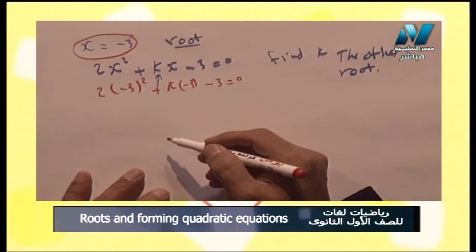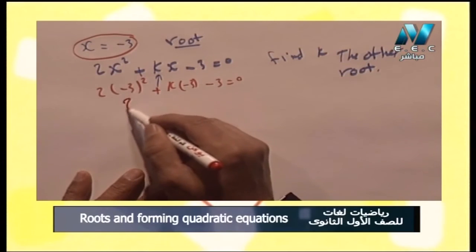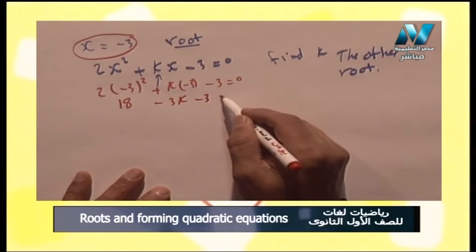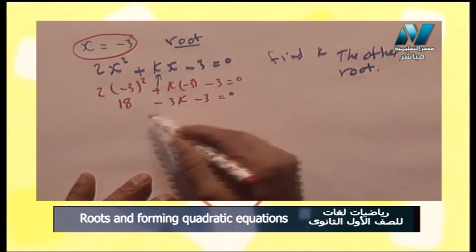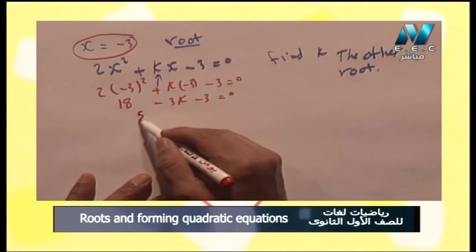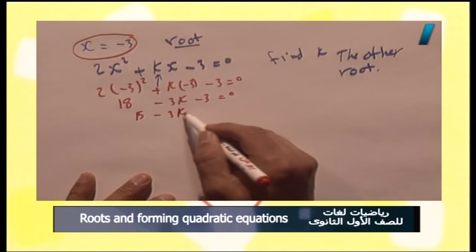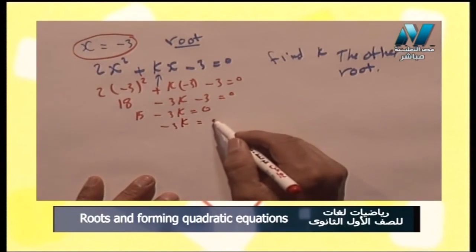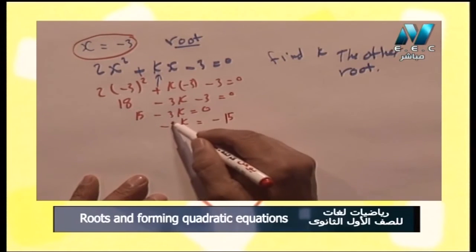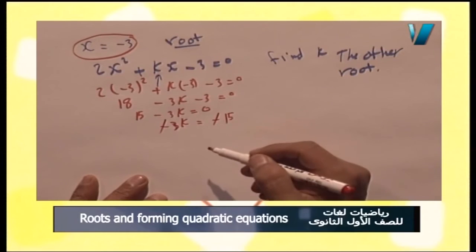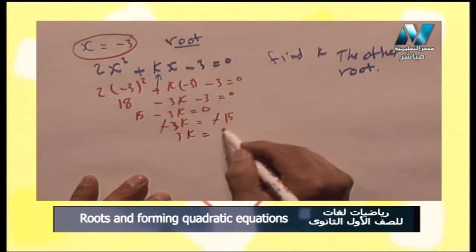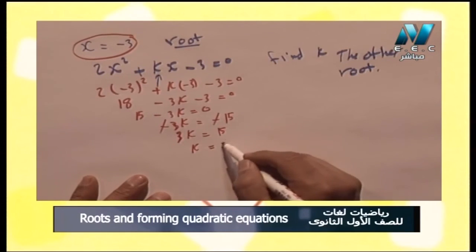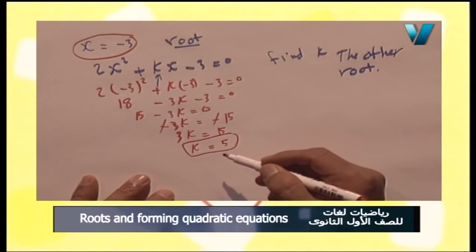This gives 18 minus 3k minus 3 equals 0, so 15 minus 3k equals 0, and negative 3k equals negative 15. By cancelling the negatives, 3k equals 15, so k equals 15 divided by 3 equals 5, so k equals 5.